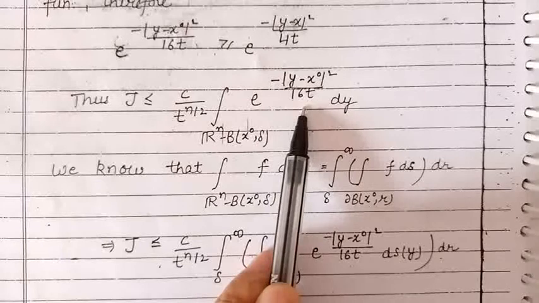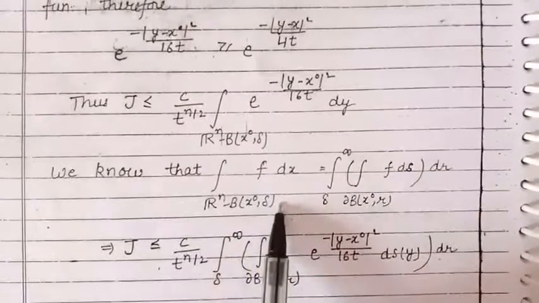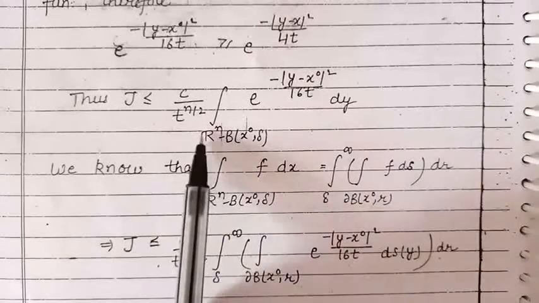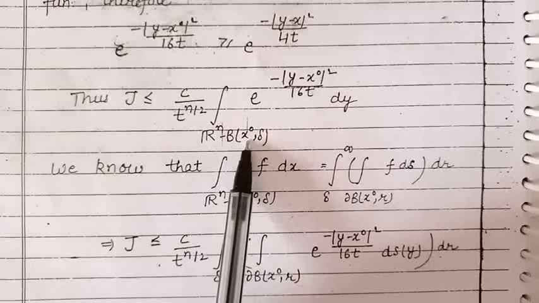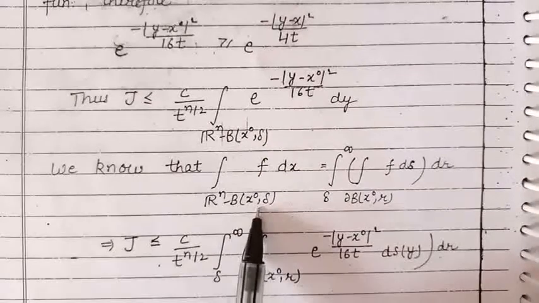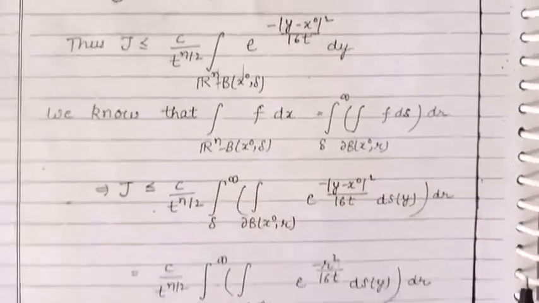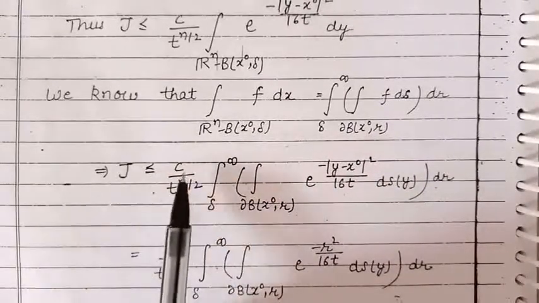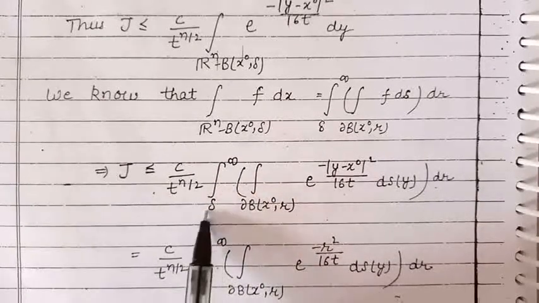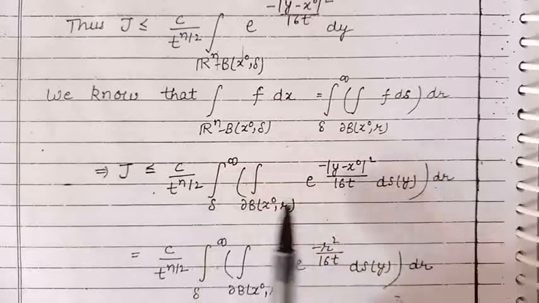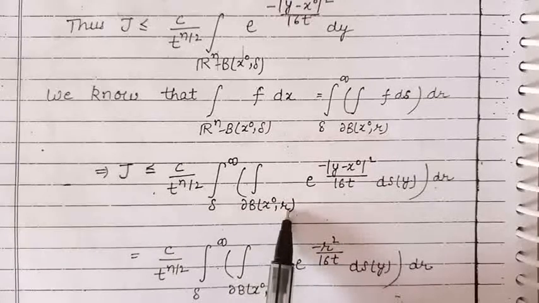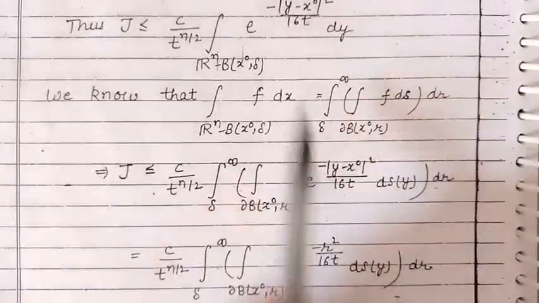Now let us use the theorem of polar coordinates. By using that theorem, we can change the integral over the complement of the ball into the integral over a sphere. So using this theorem, j will be less than or equal to c upon t raised to the power n by 2 into the integral from delta to infinity of the integral over the sphere with center x naught, radius r of this exponential function.